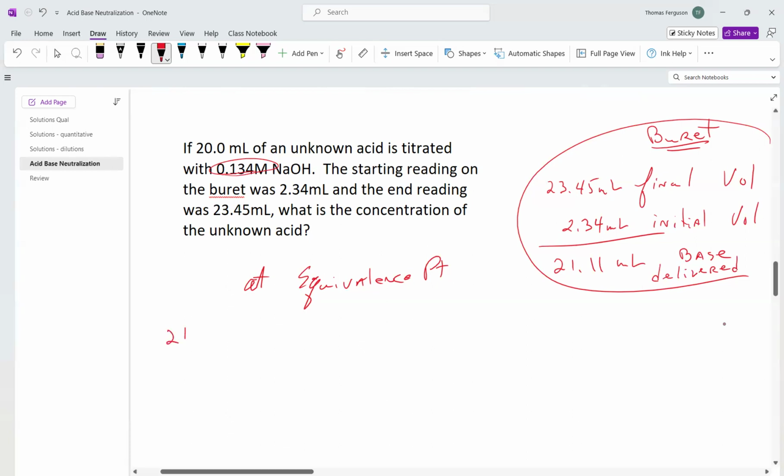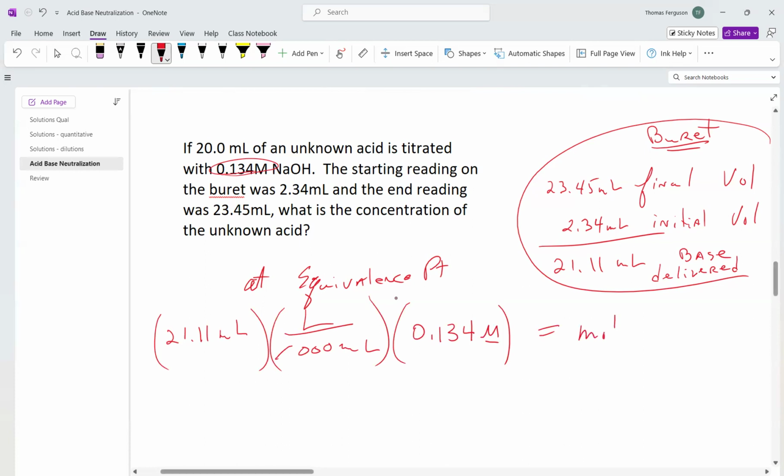So let's take the 21.11 milliliters. I want to convert that to liters. Okay, that is liters now. Liters times concentration equals moles. So we want to multiply that times the concentration, so step 1.